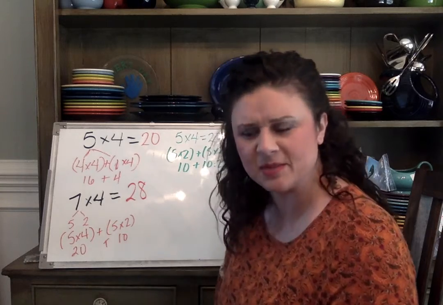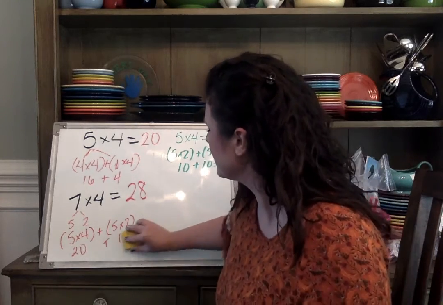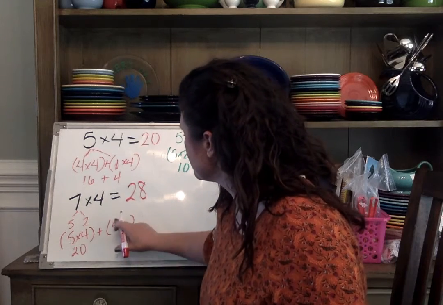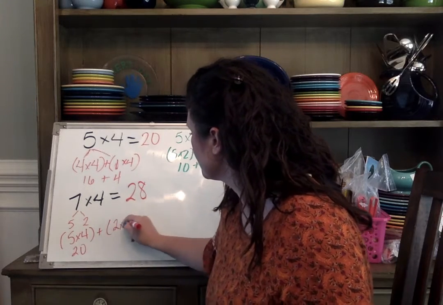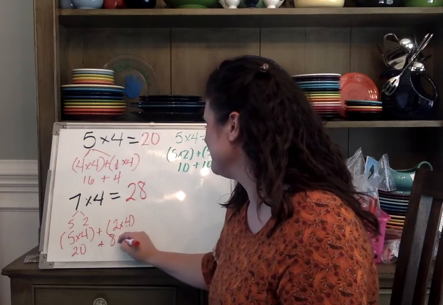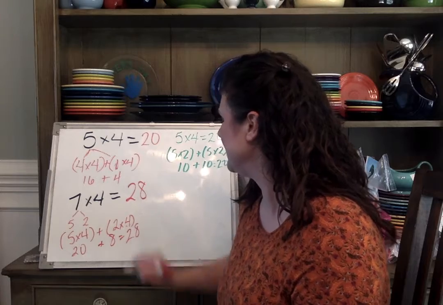Why did I do 5 times 2? I'm confusing myself. I know why I did it, because I'm thinking of a different strategy that would be easier for me. 2 times 4 is 8, and my answer would be 28.